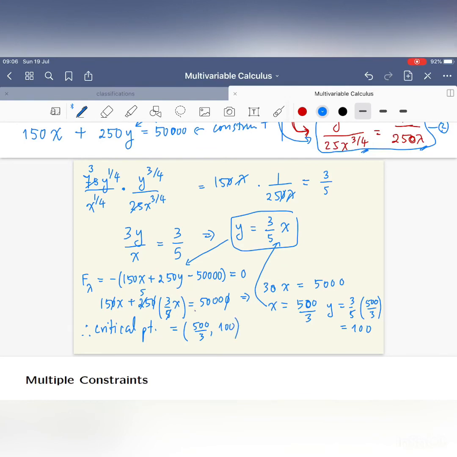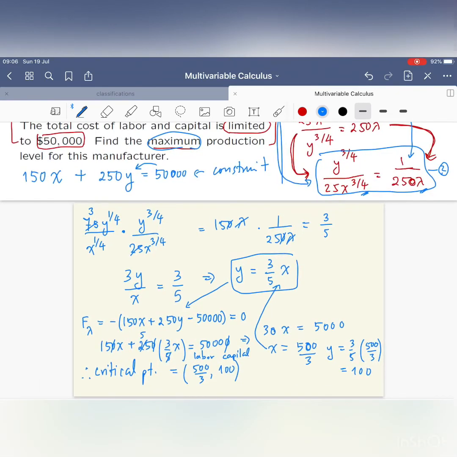Don't forget, this is the labor, this is the capital. But because right here you are solving the problem concerning the production, and you already give the maximum constraint, the maximum limit of your investment, it is 50,000, and you can give no more.